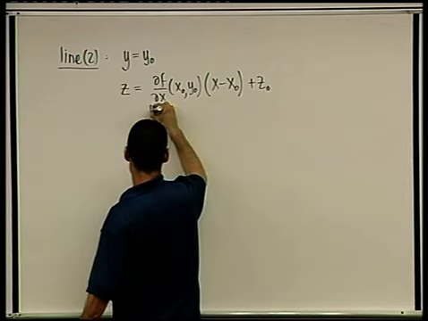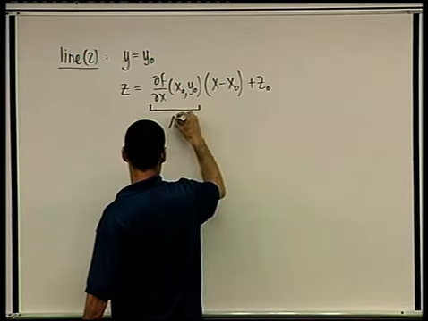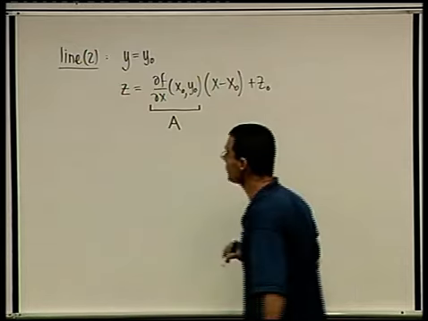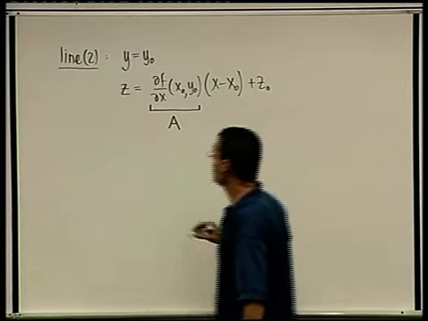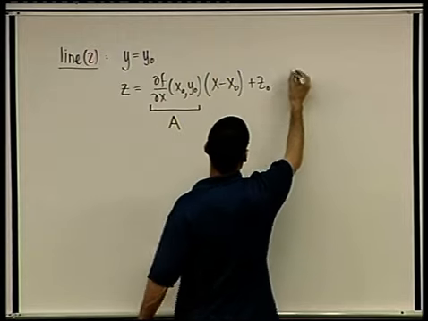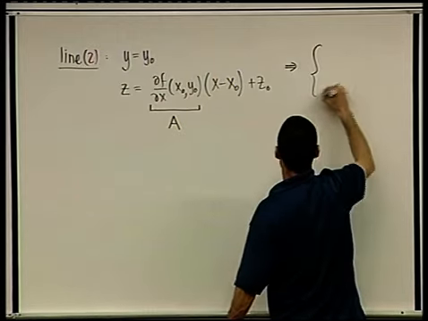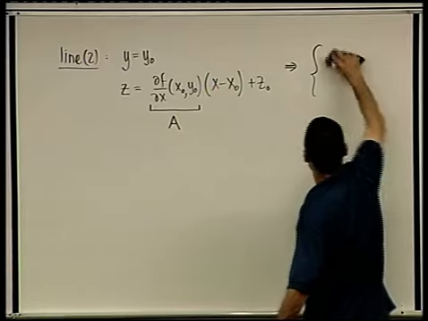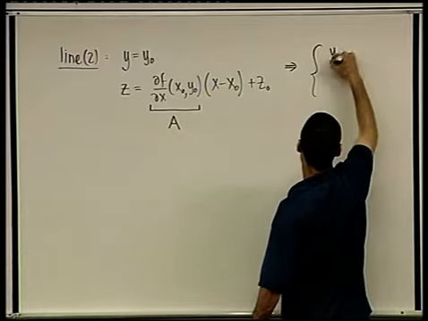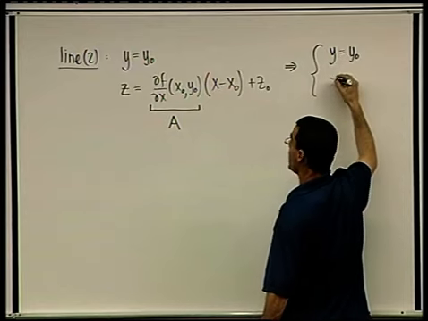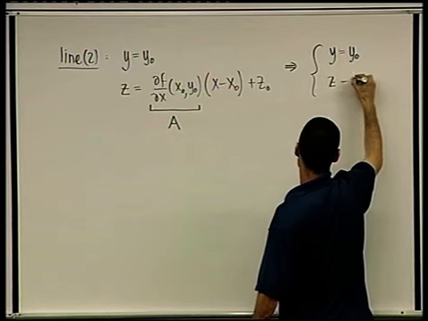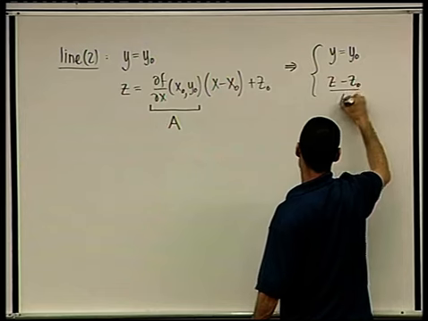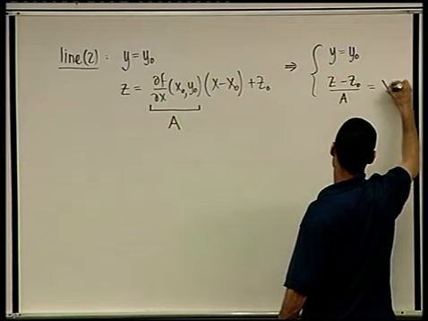Again, let's denote this by a. So what we get is y equals y0, and z minus z0 divided by a equals x minus x0.